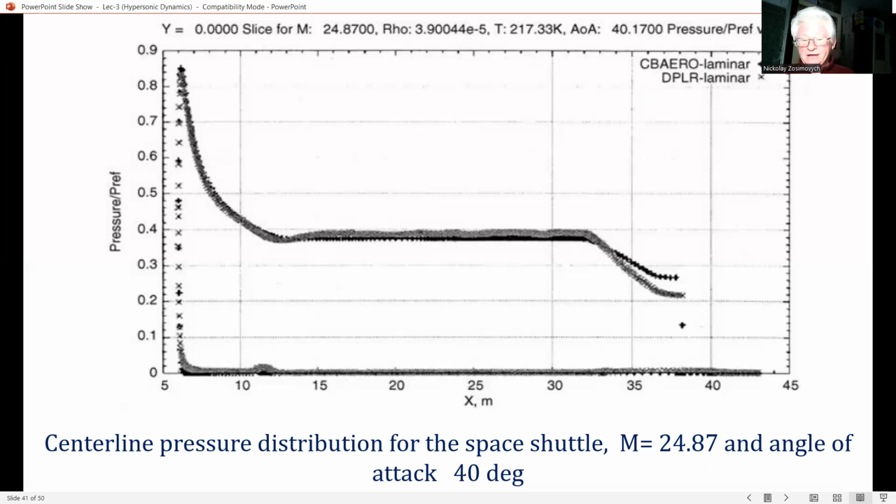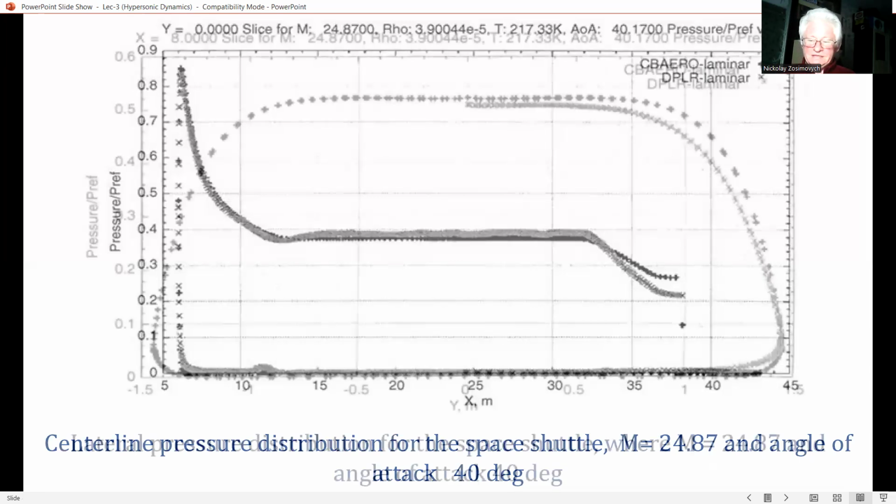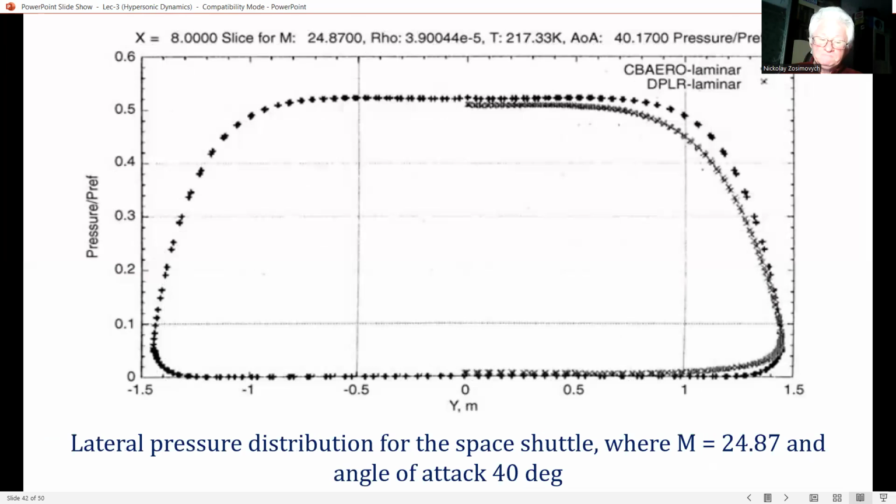The lateral pressure distribution over the perimeter of a cross-section of the space shuttle body is given in this one. The body cross-section is located 8 meters downstream of the nose.